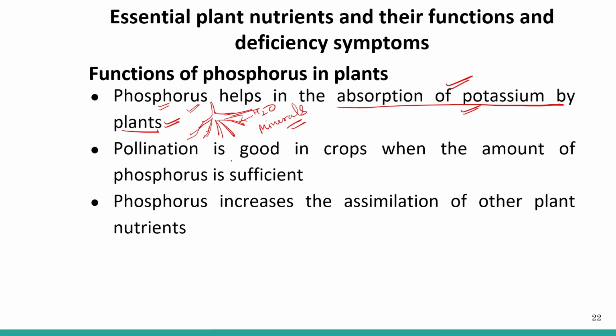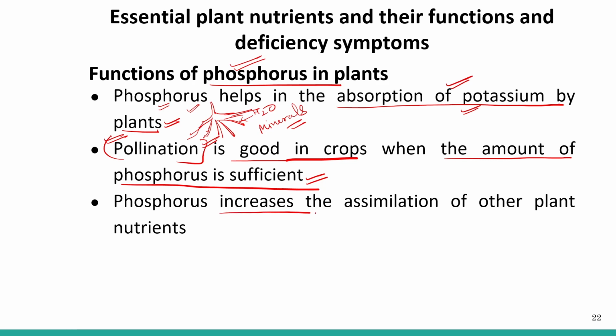Pollination is good in crops when the amount of phosphorus is sufficient. There is a report that pollination is affected by the quantity of phosphorus present in the plant. So this phosphorus is also required for proper pollination. If the pollination is not proper, then the yield of the crop, fruit or vegetable will be affected.